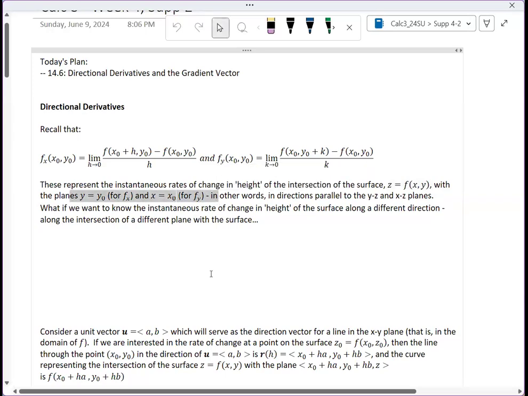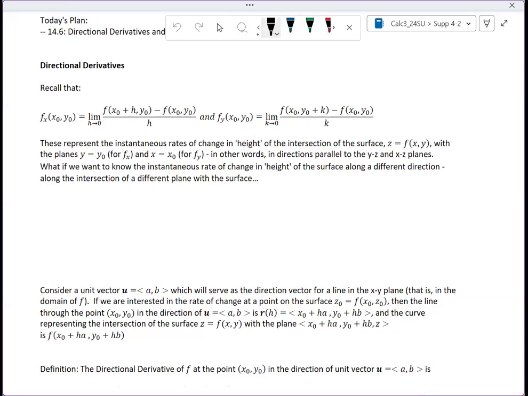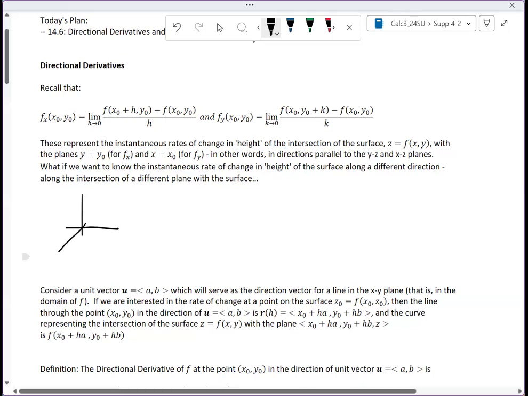When we're looking at intersections of that surface with planes parallel to the coordinate planes, either the xz plane or the yz plane, through that point, x naught, y naught. So let's try to draw a couple of pictures here. So here we have x, y, and z. We have some surface.